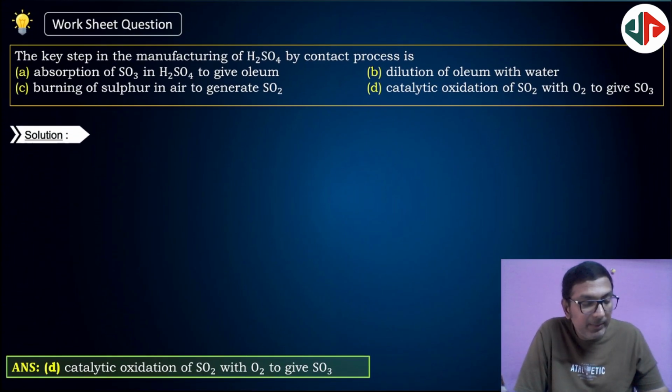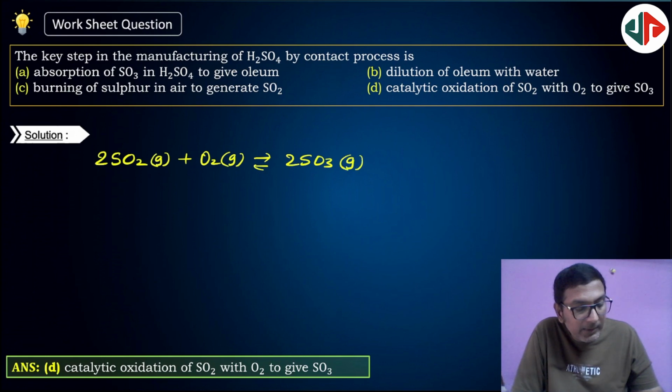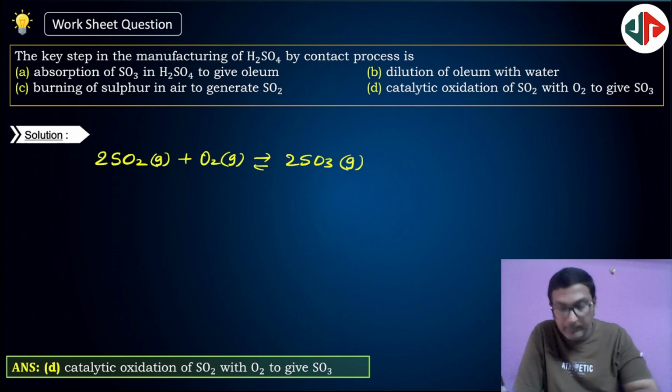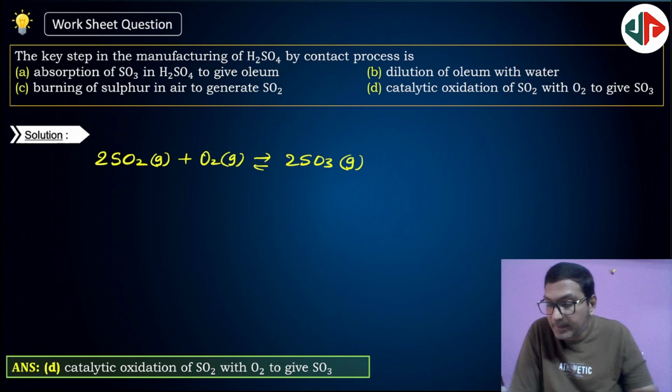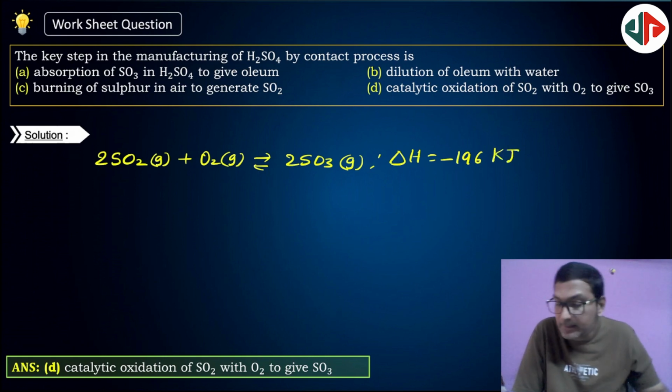The key step in manufacturing of H2SO4 by contact process is. So very important. Key step is 2SO2 gas plus O2 gas will be converted to 2SO3 gas. So this is the key step. So delta H value is minus 196 kilojoules.